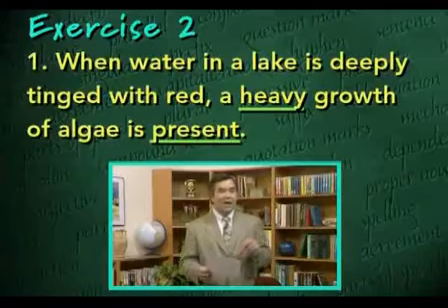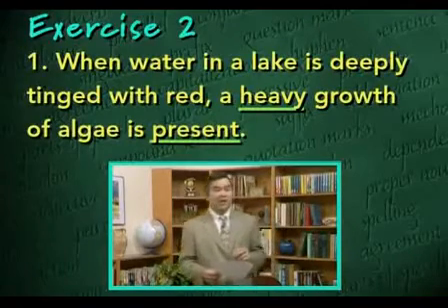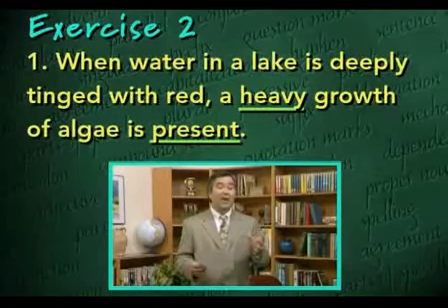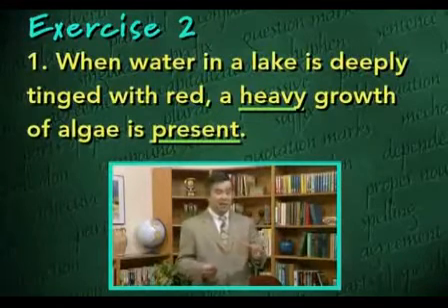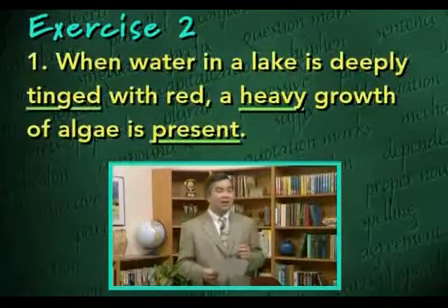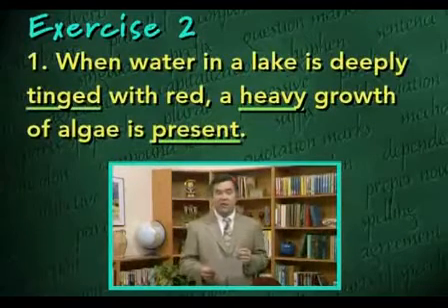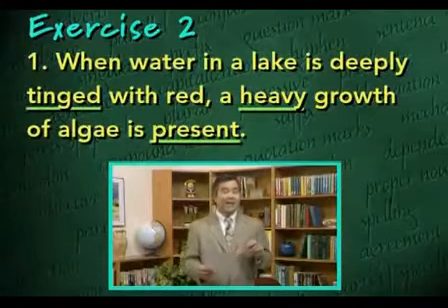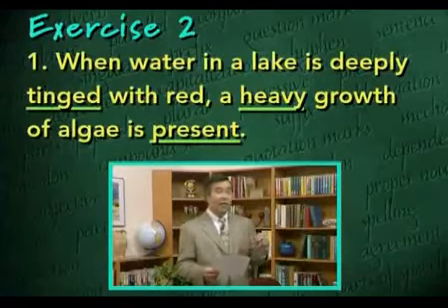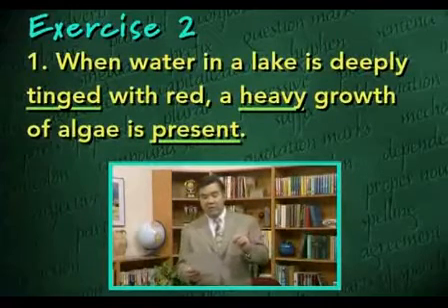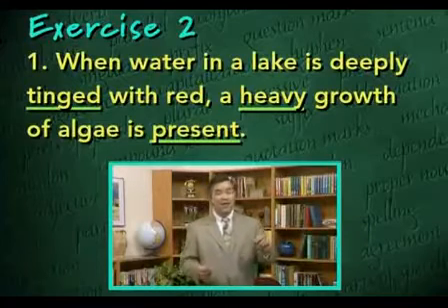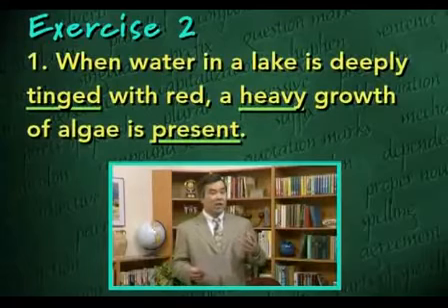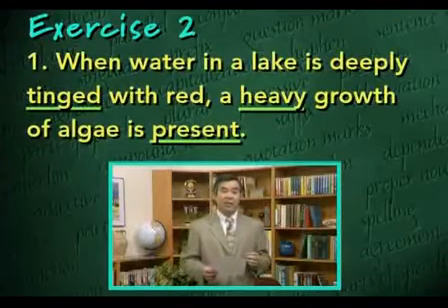There's another word here which could be considered an adjective, and different grammarians will give different opinions, and it doesn't make a great deal of difference whether you define this as an adjective or not. But the word tinged in this sentence might be considered an adjective as well. There are really two ways of looking at this. In this particular sentence, you could say that is tinged is a verb phrase referring to the water having been tinged or colored. And is tinged could be considered a verb phrase in which tinged would be the main verb and is would be a helping verb.